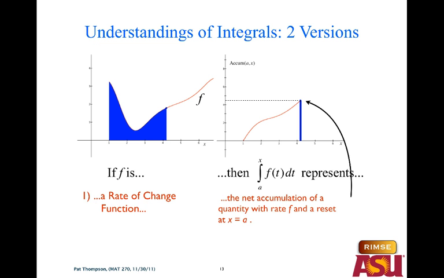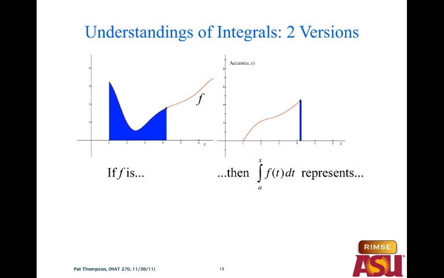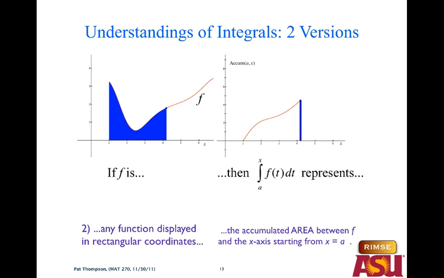If f is any function displayed in rectangular coordinates, so now it's like what we thought of as the rate function before, but it doesn't have to be a rate function, then this same value we can think about as the sum of all these really skinny rectangles, and we get an accumulated amount of area, the area between f and the x-axis starting from x equals a.